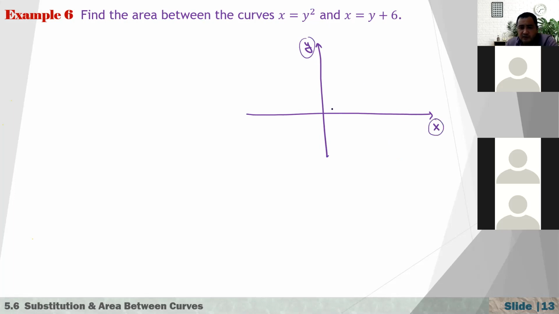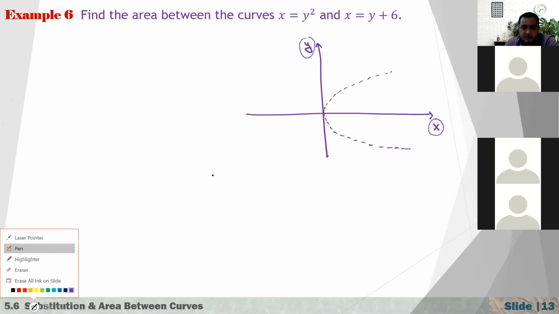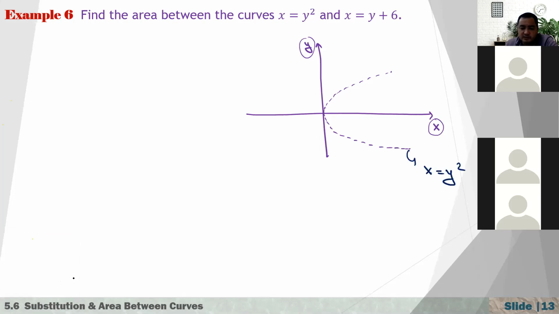At that time, what do we have here? We have this kind of function. x equals y squared is just a parabola. So its graph is something like this. And that is the graph of the function x is equal to y squared.